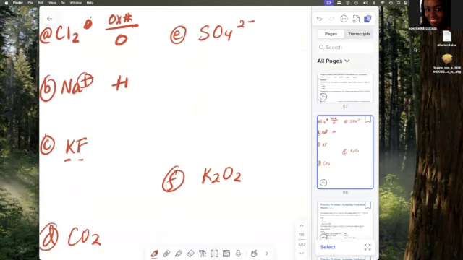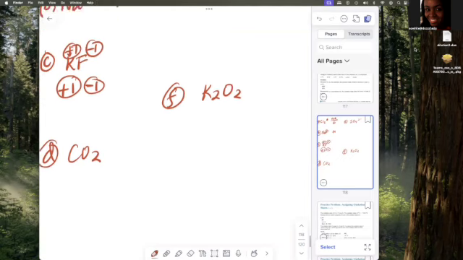Here we have 2 ions in the compound, right? And remember, the first element is a group 1 metal, so potassium has to be +1, forcing fluorine to be -1, so the total can be 0. This will be +1, -1.